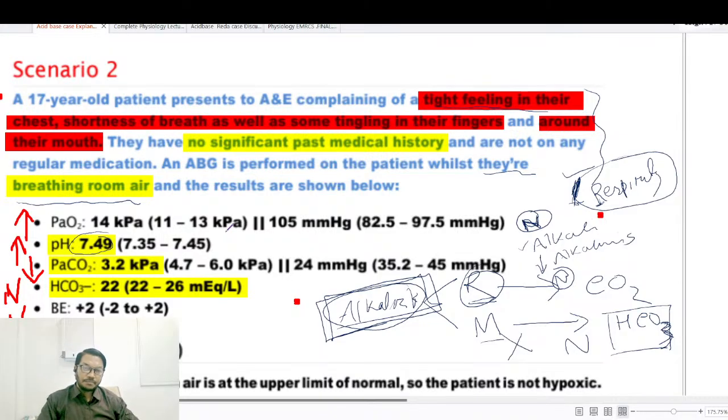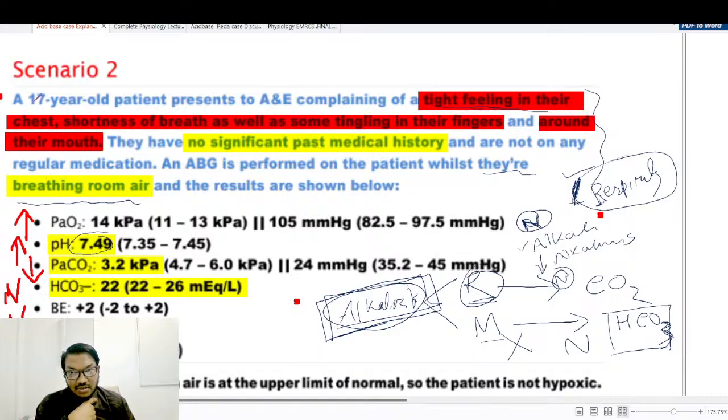Scenario two. You read this one. From the beginning: a 17-year-old patient presented to accident and emergency complaining of a tight feeling in her chest.